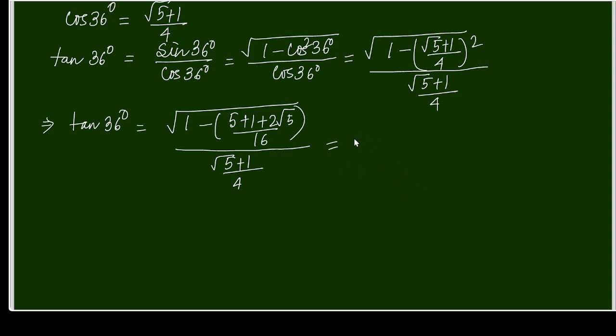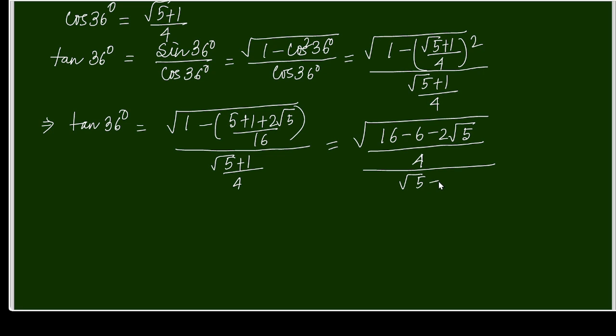Now simplifying the numerator, I'll get 16 minus 5 plus 1 plus 2 root 5, which is 10 minus 2 root 5 over 16, and taking the square root of 16, it will be 4, whole upon root 5 plus 1 by 4. This 4 cancels, and ultimately I am getting in the numerator the square root of 10 minus 2 root 5 by root 5 plus 1.